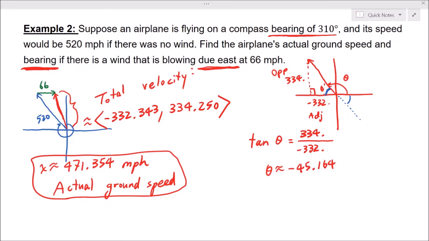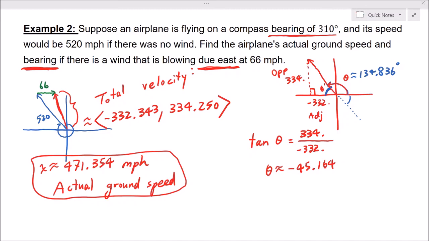Just dealing with it as a triangle, you'll find this angle is 45.164. So in any case, the total effect of it is the actual angle for this vector is 180 minus this 45 part. And you'll get that the angle is around 134.836 degrees. And you know, that checks out with our diagram, that's good.